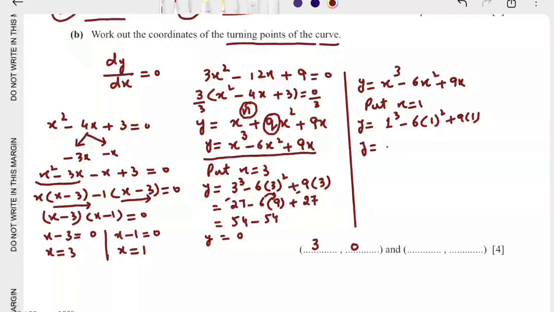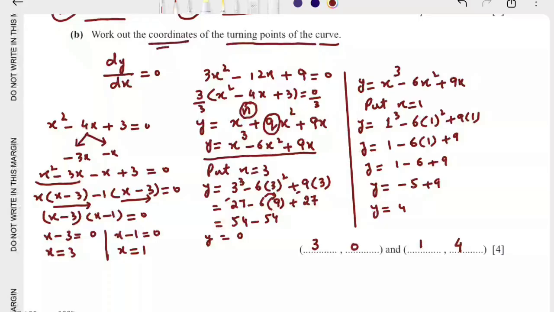So it will be 1 minus 6. The square of 1 is 1 plus 9. y is equal to 1 minus 6 plus 9. y is equal to minus 5 plus 9, and minus 5 plus 9 is 4. So the answer would be 1 for x and 4 for y. So these are the coordinates of the turning point.